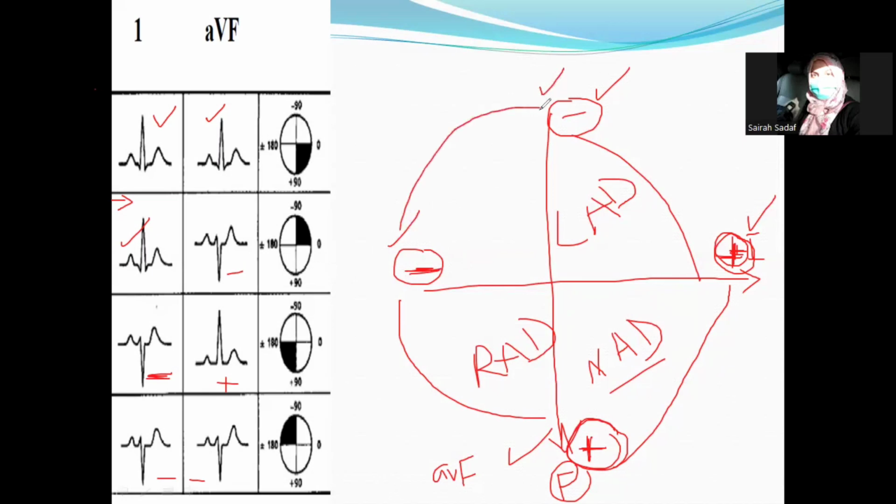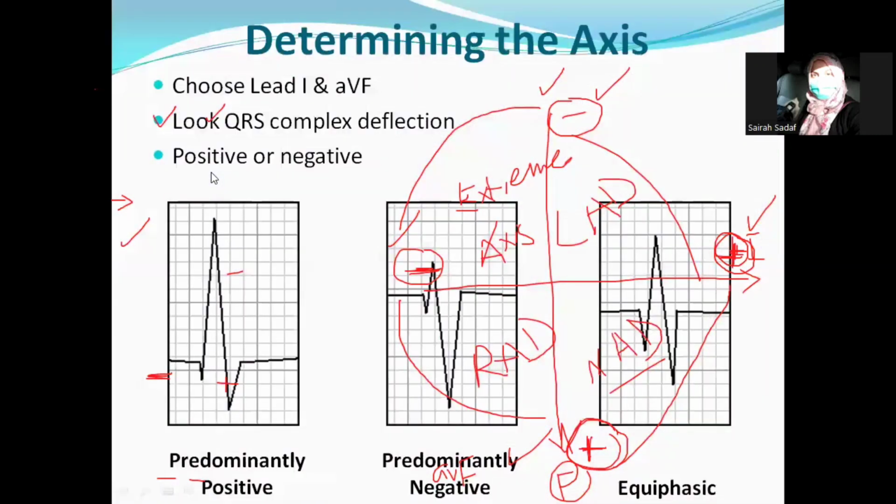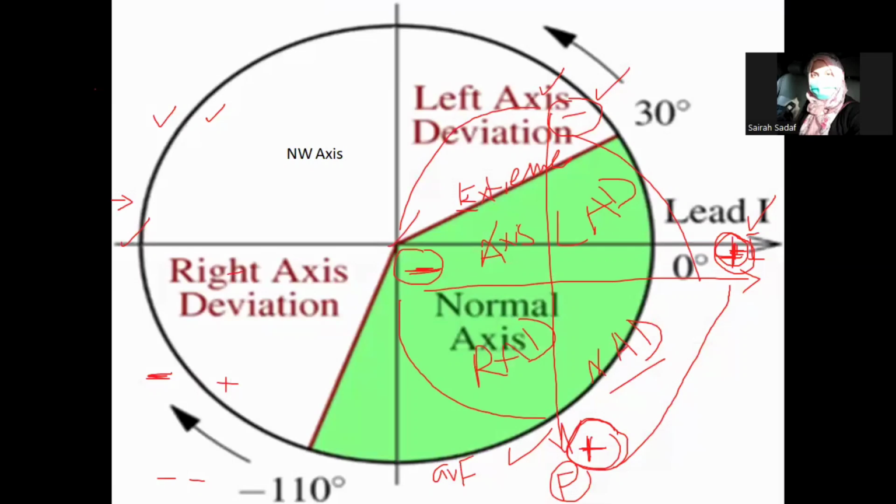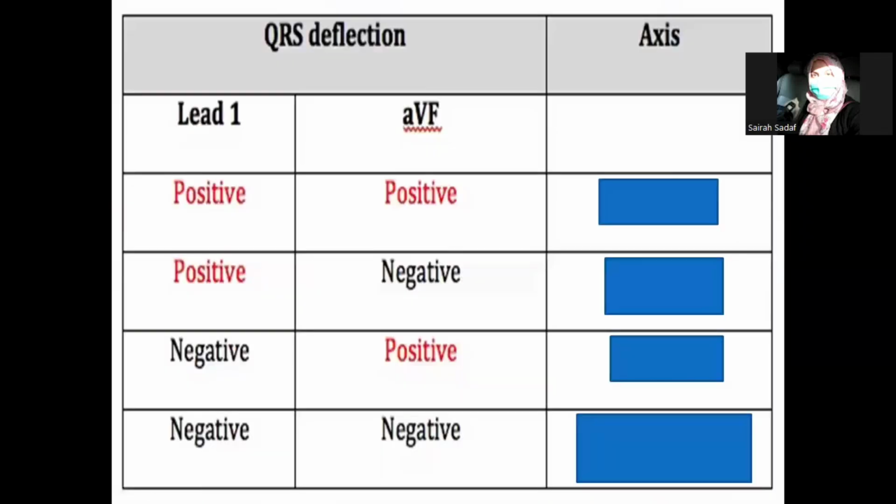So this is the extreme axis, and we have another name for it. Its another name is, over here, northwest axis. Okay, we call it northwest axis. Now you have to tell me which axis is which. Okay, it's your turn now.